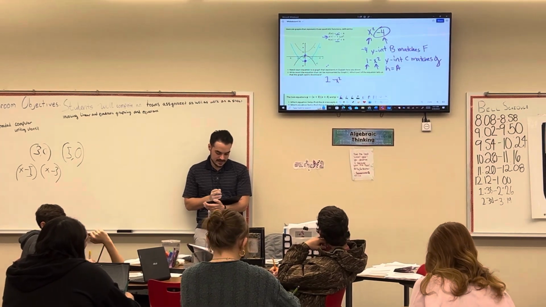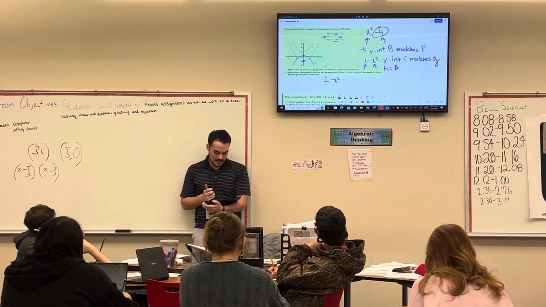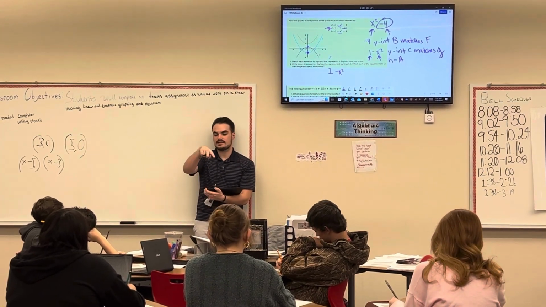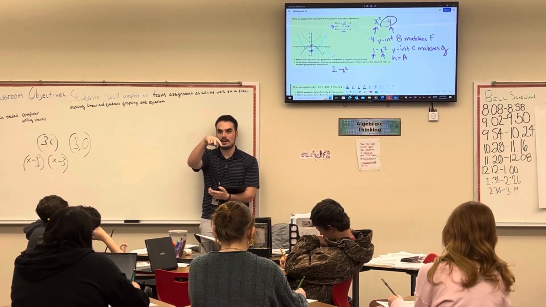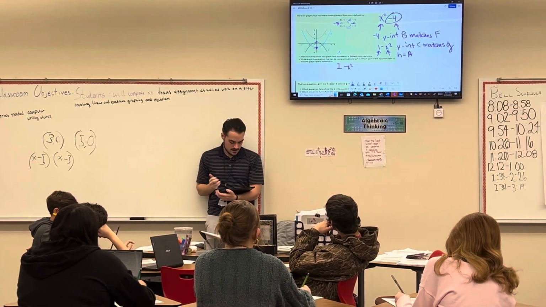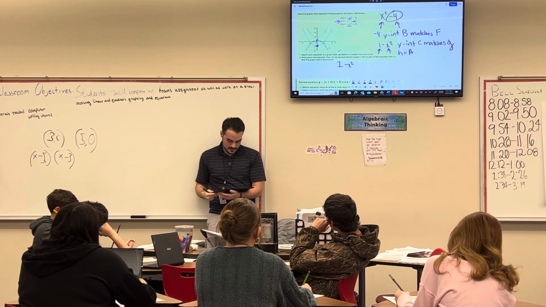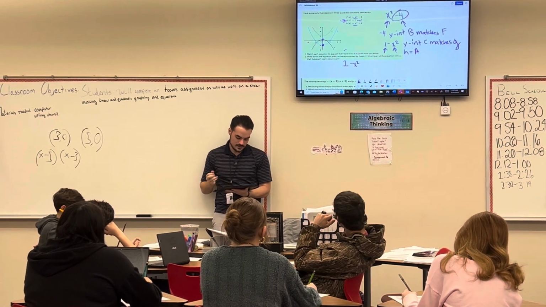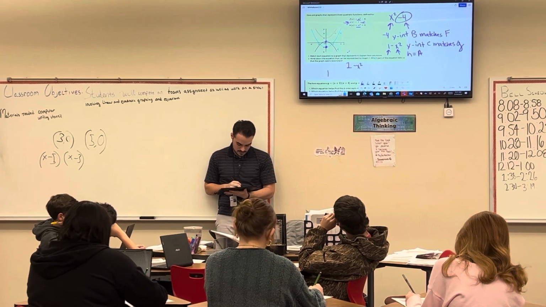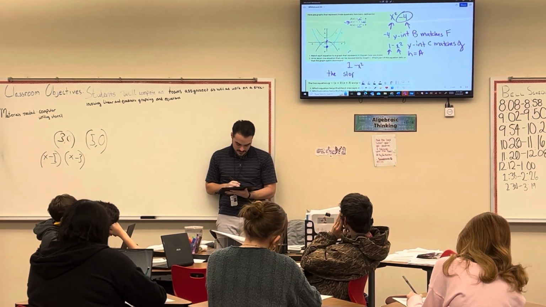But this one has a negative sign in front of it, right? Okay, so whenever the x squared or the slope is negative, that means that the parabola is gonna open downwards instead of opening upwards, like that, okay? So it wants you to explain why it opens downward. So you can just say the slope is negative, right?